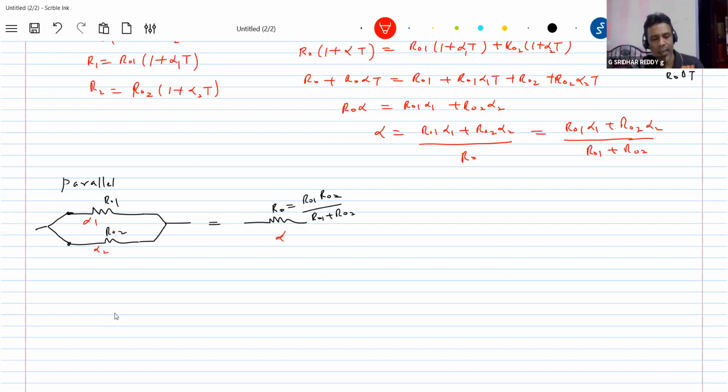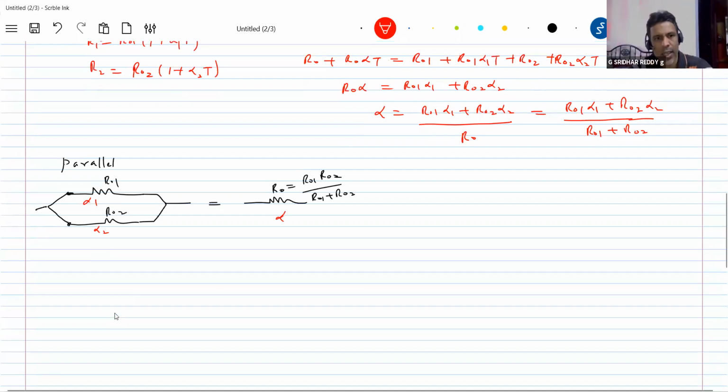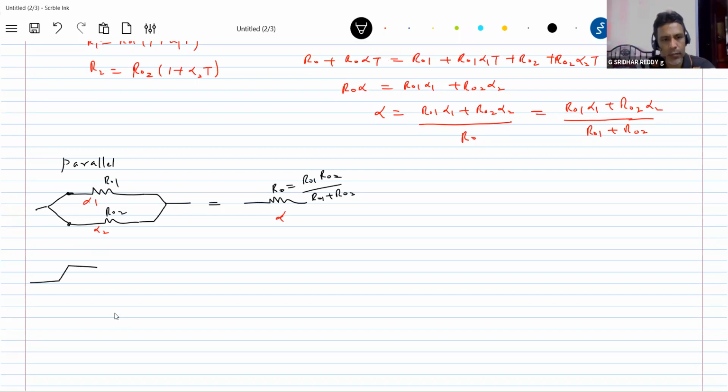As I raise the temperature, what is the new resistance? This will be at T degrees Celsius and this is at 0 degrees Celsius. Similarly, with the similar method we used earlier, you can follow it here.